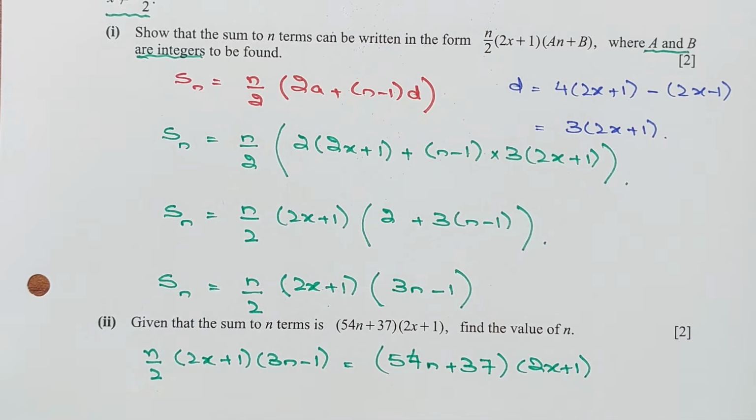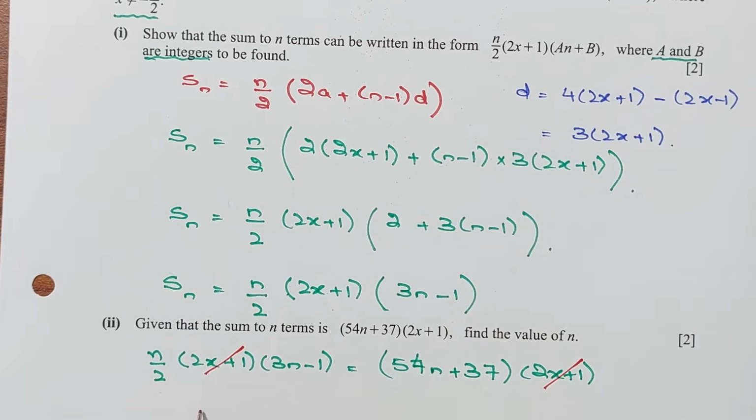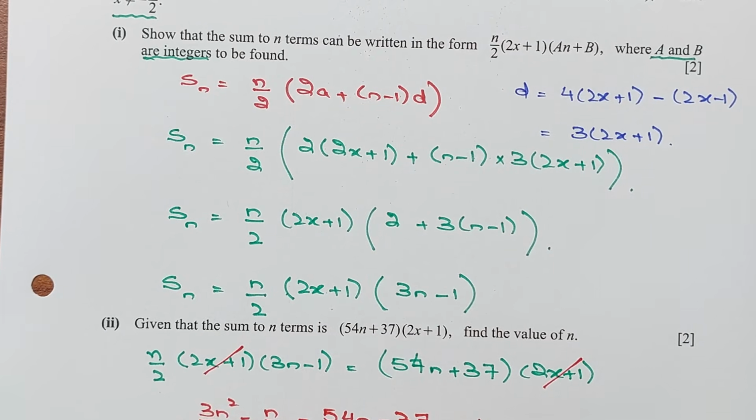Let me cancel the like factors, 2x plus 1. So we are left with 3n square divided by 2 minus n by 2 minus 54n minus 37, equals 0.